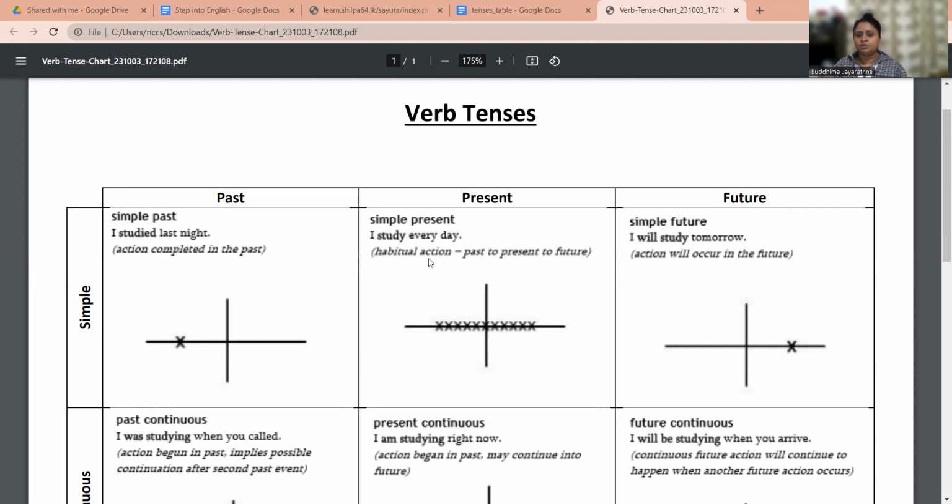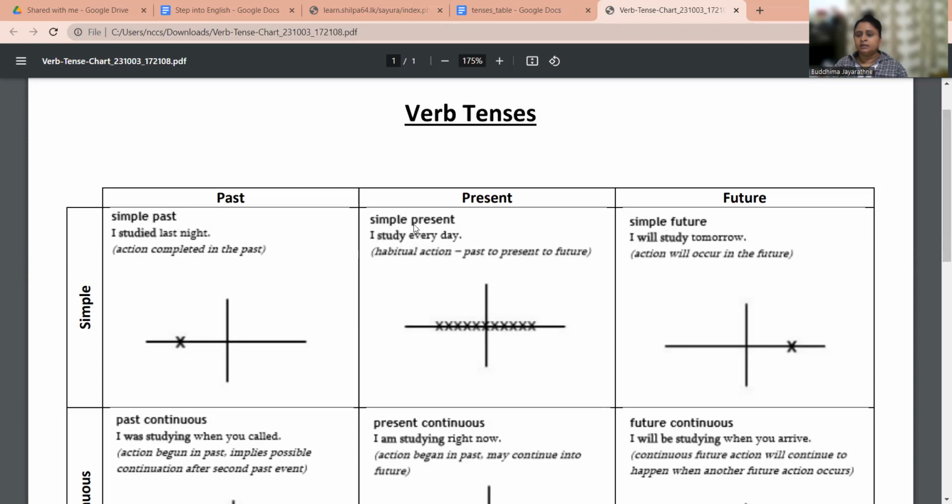So this is a habitual action. You do it as a habit. You studied yesterday, and you study now, and tomorrow also you will learn. So it's a past to present to future action. So you can say it this way: I study every day. So hope that is clear.